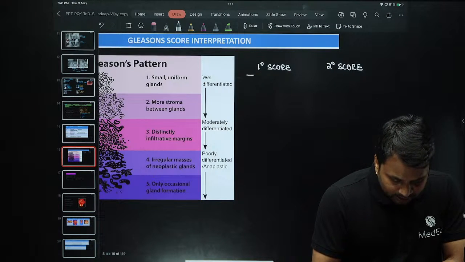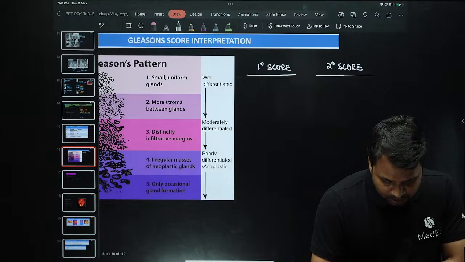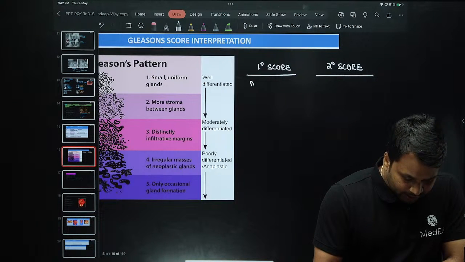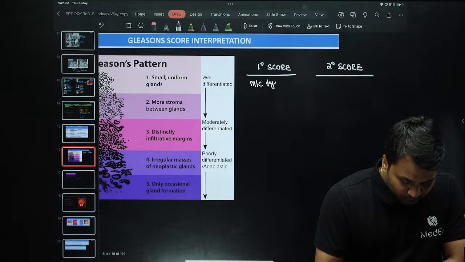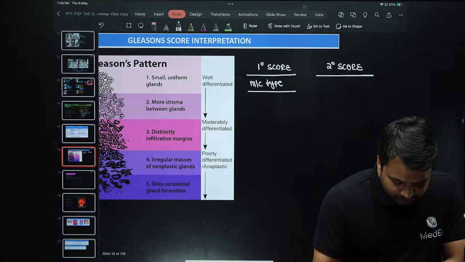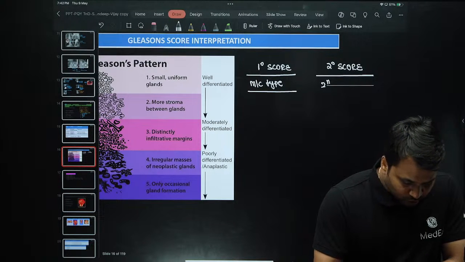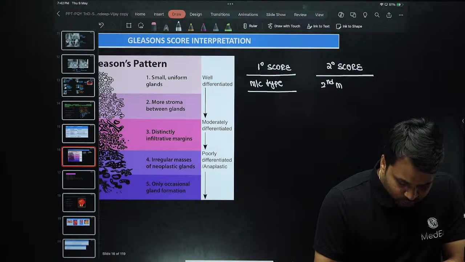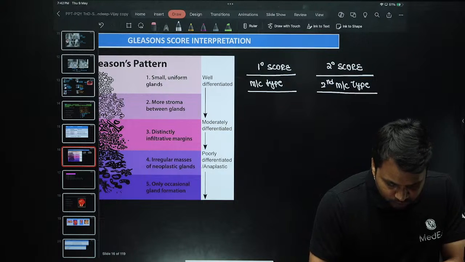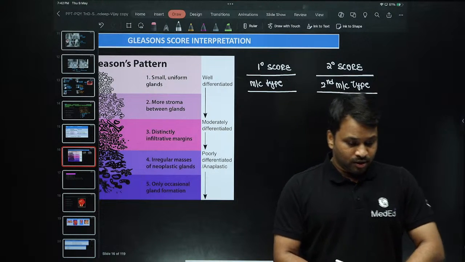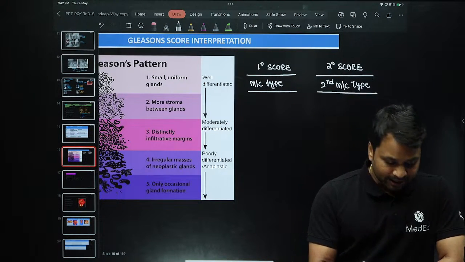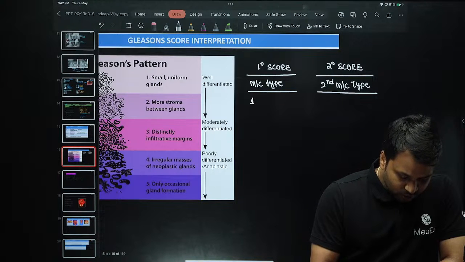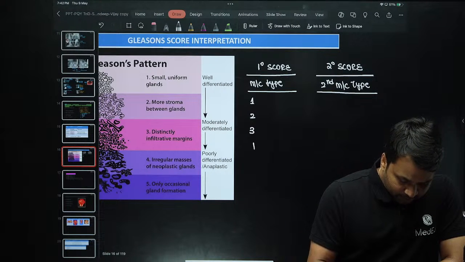You take the histopathology sample and look at the most common type of presentation and the second most common type, and then we are going to score them. So a primary score can be anywhere between 1 to 5 based upon the pattern.